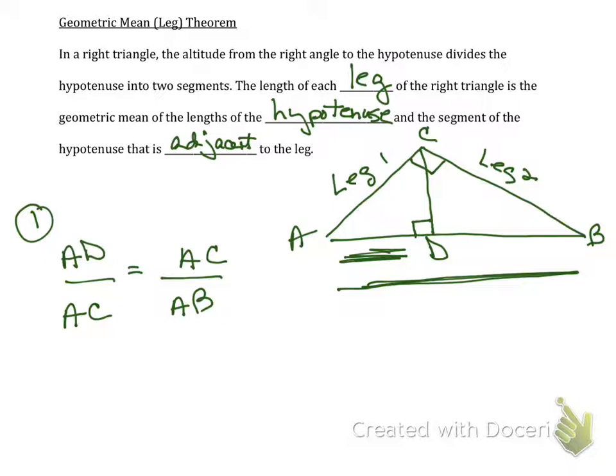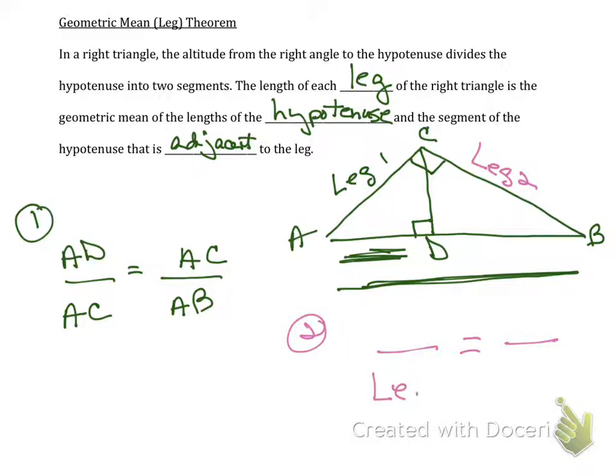So we'll do this in pink. So the second one tells us that the second leg, which is leg 2, so let me call this leg 2 and we'll do it in pink. Leg 2 is the geometric mean.